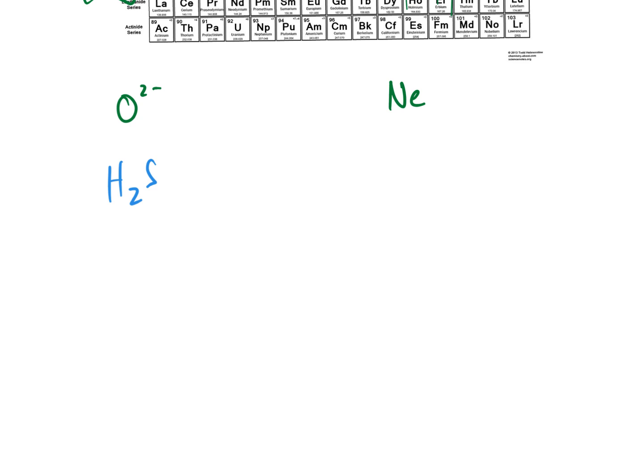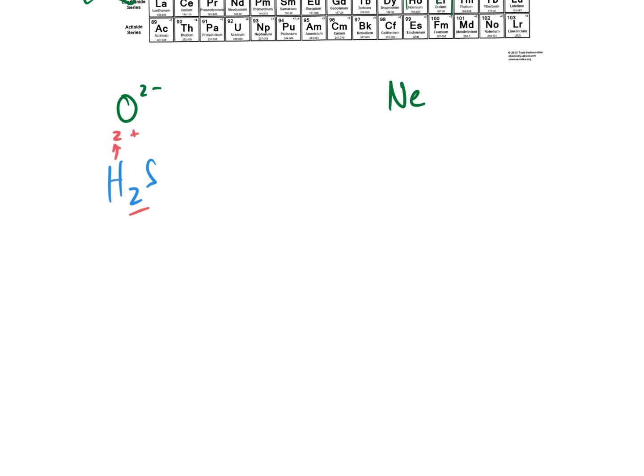All right, so what's our first step? Count the valence electrons. Perfect. How many valence electrons does hydrogen have? 1. And there are 2 hydrogens, so a total of 2.